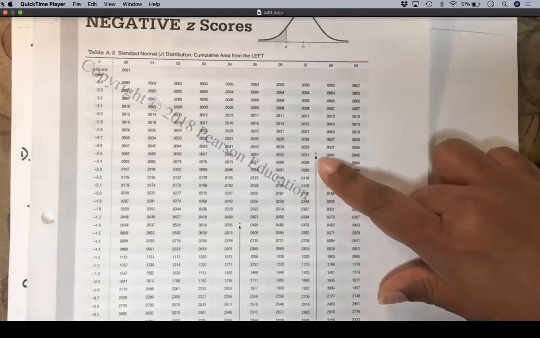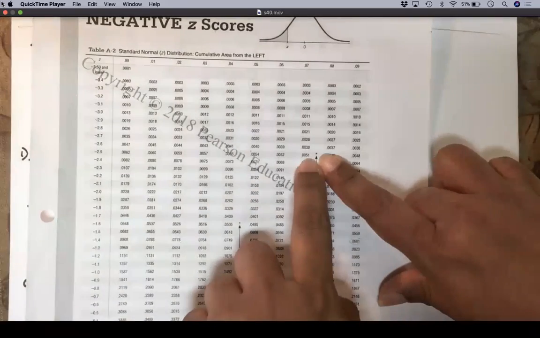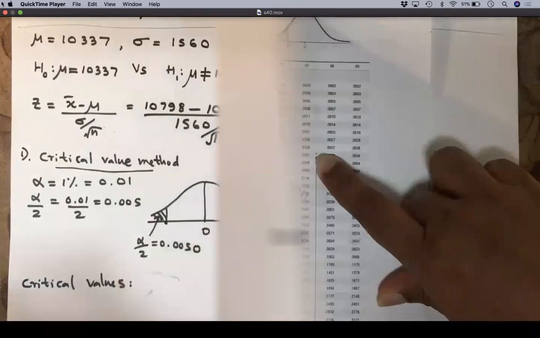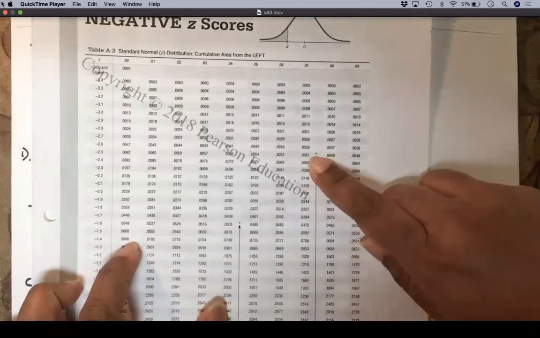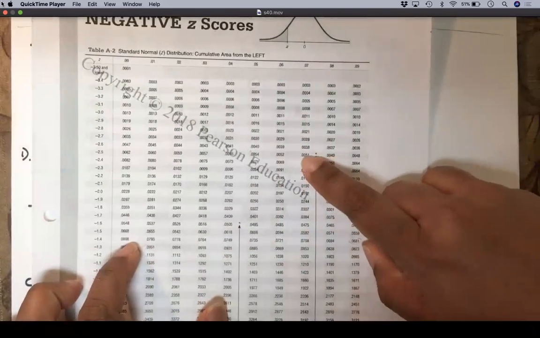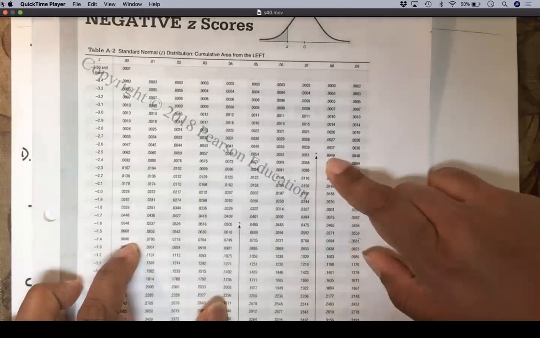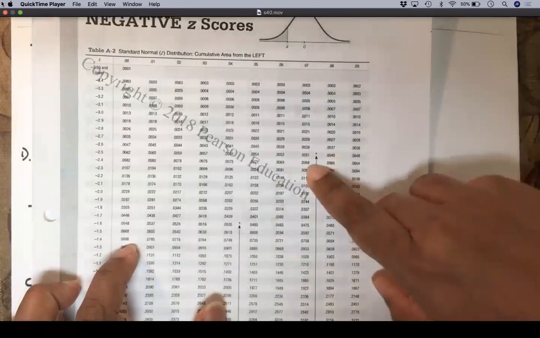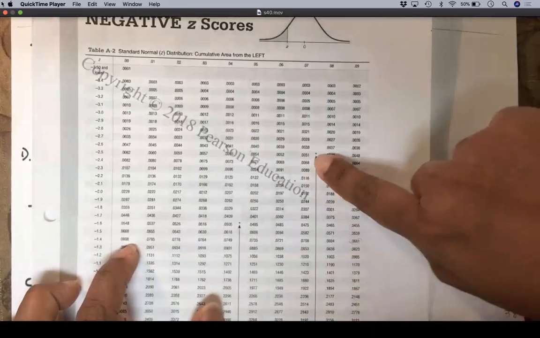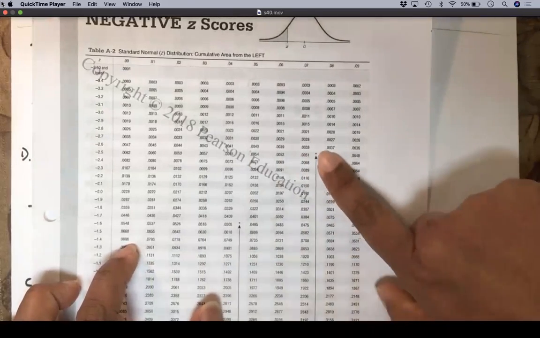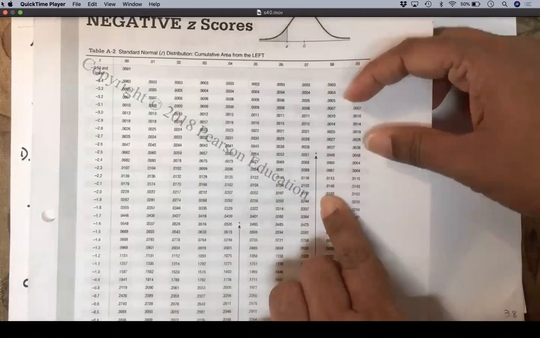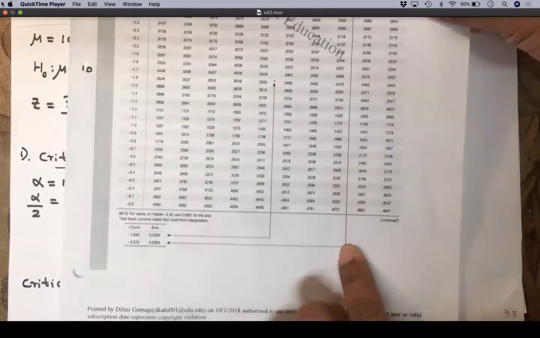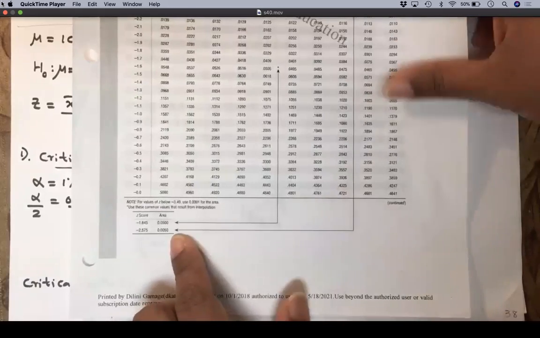Here we need 0.0050, but we cannot get that exact area. We have the two closest values, one is 0.0051 and the other is 0.0049, so you have to pick the middle of these two areas. There is a line with the answer at the bottom of the table.